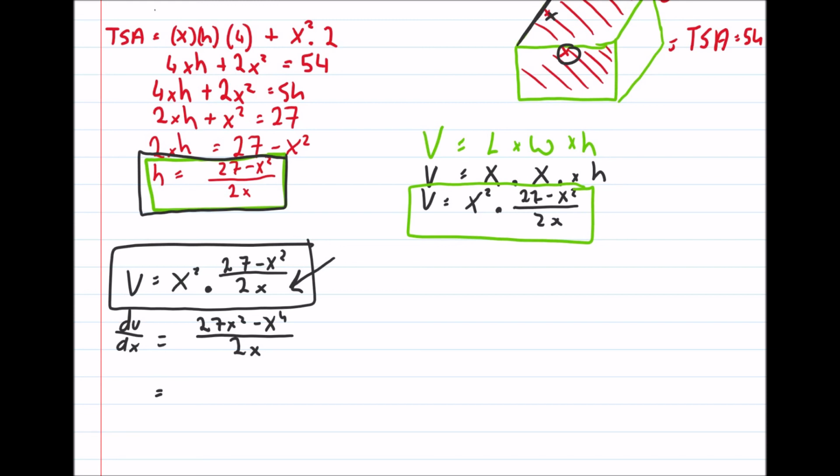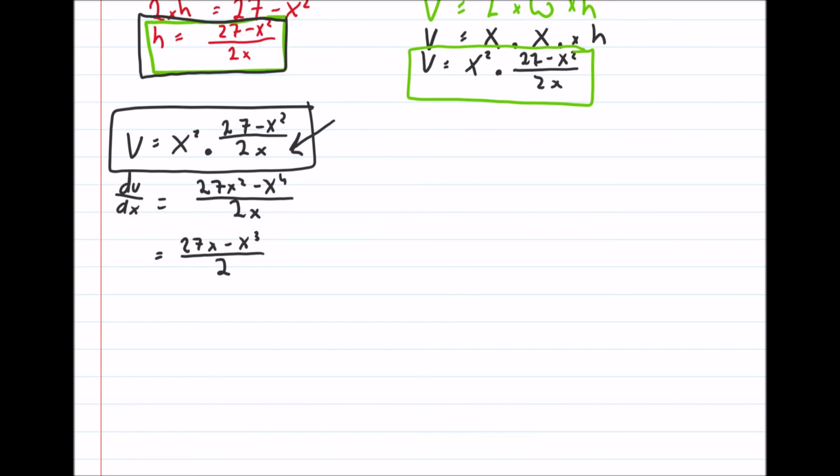Remember when I'm dividing indices I minus the powers, so that would be 27x minus x cubed all over 2. Alright, now at least I'm after getting rid of the product rule. I could leave it like that and therefore I'd be using quotient rule.